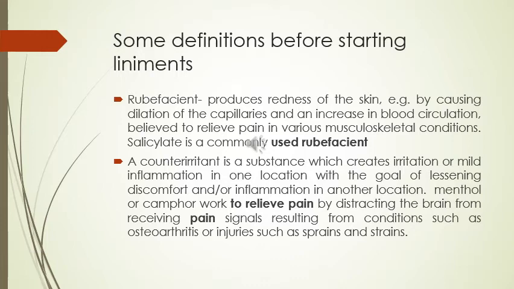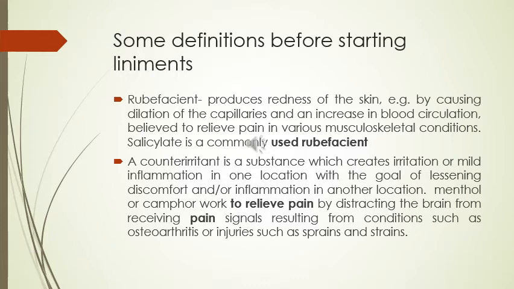The second term is counter irritant. This is a substance which creates irritation or mild inflammation in one location with the goal of lessening the discomfort or inflammation in another location. So where the pain is occurring, it will not show that pain there.